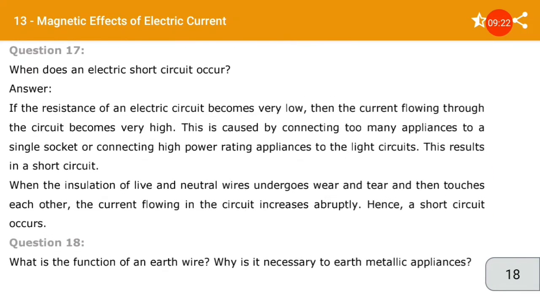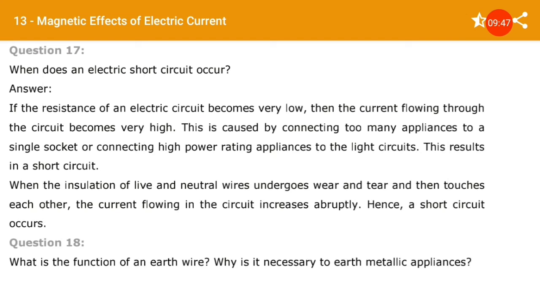Now next question. When does an electric short circuit occur? If the resistance of an electric circuit becomes very low, then the current flowing through the circuit becomes very high. This is caused by connecting too many appliances to a single socket, or connecting high power rating appliances to the light circuit.